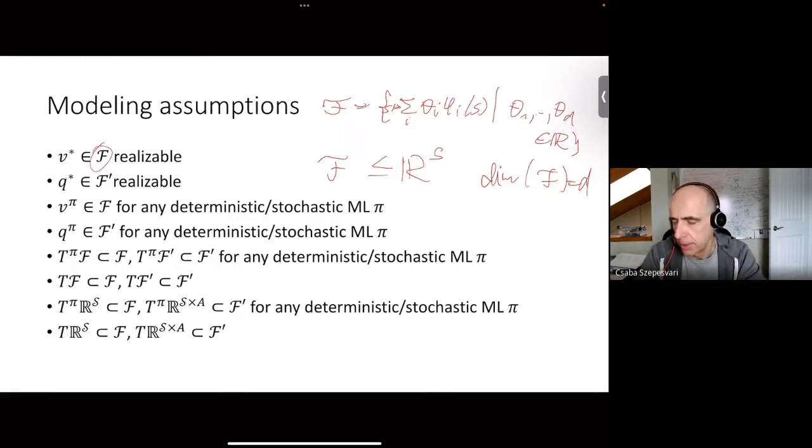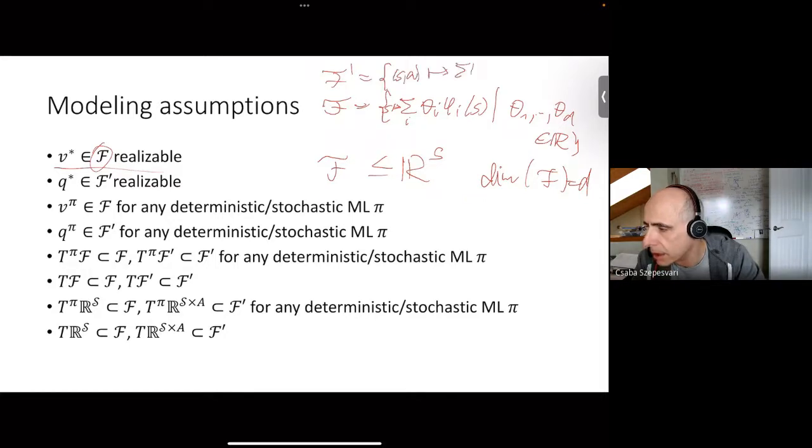And so the very first assumption that came up, from the 1963 paper, is the assumption that V star lies in this function space, and then asking the question, okay, can we perform these calculations if this happens to be the case? A similar assumption would be that Q star lies in the associated other function space, F prime, which maps every state action pair, because your features are for state action pairs.